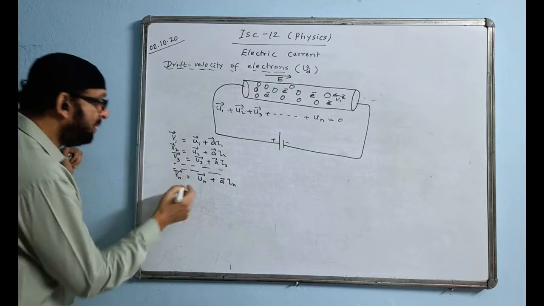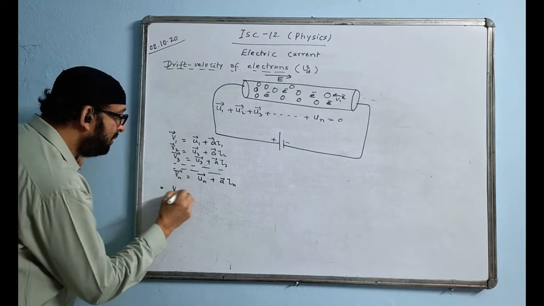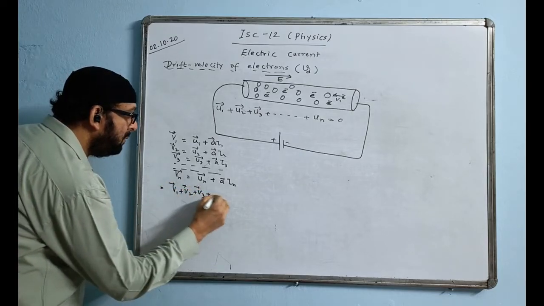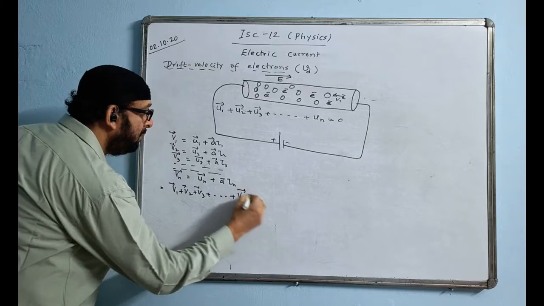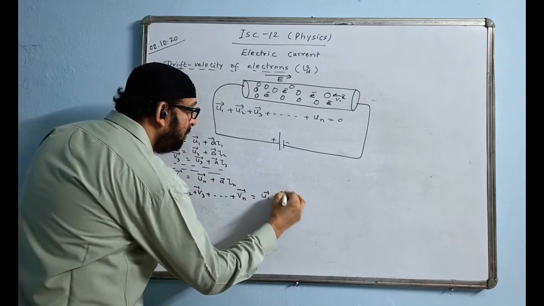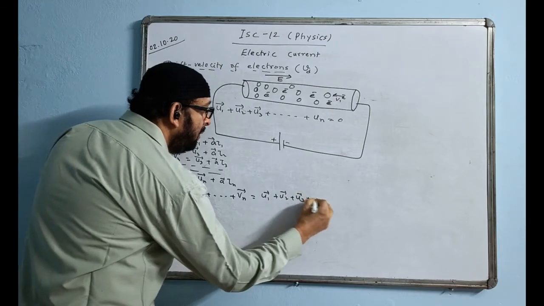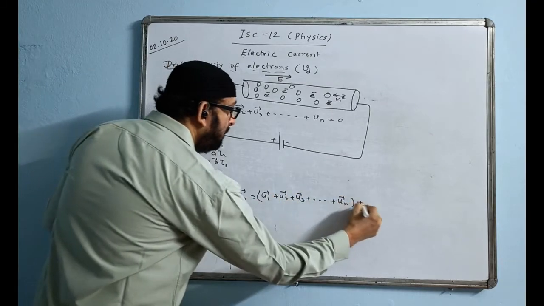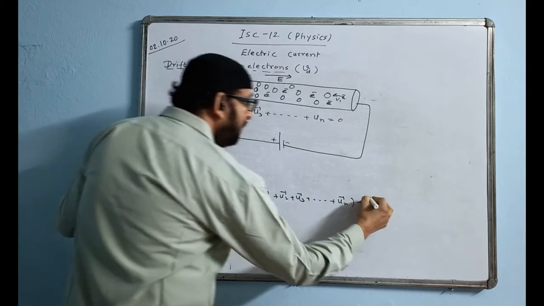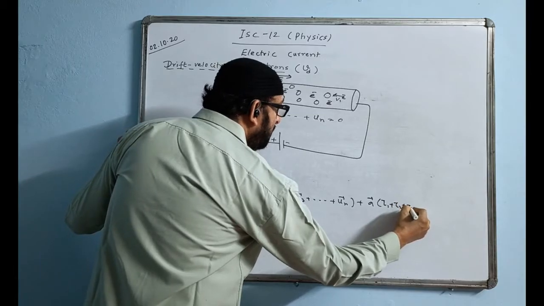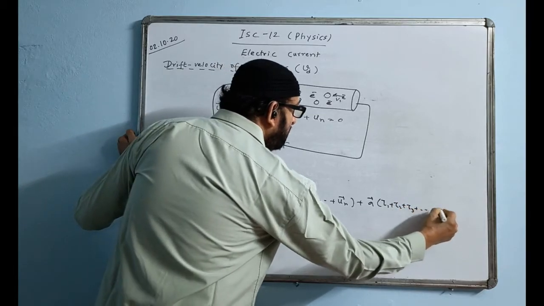Let us add all of these equations. We get V1 plus V2 plus V3 and so on plus Vn, which becomes U1 plus U2 plus U3 and so on plus Un, together plus A times tau1 plus tau2 plus tau3 and so on plus tau n.